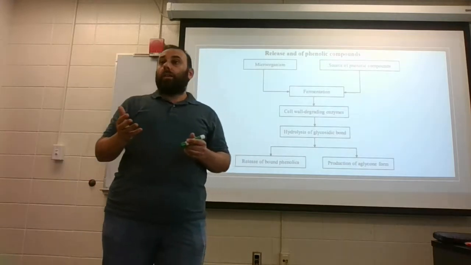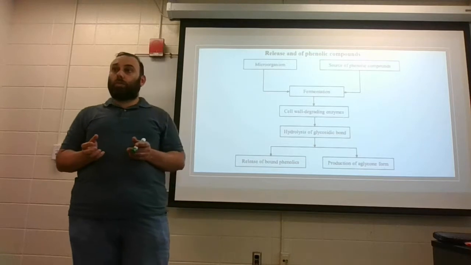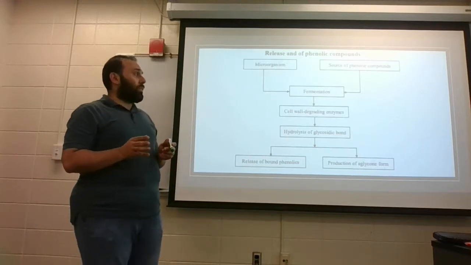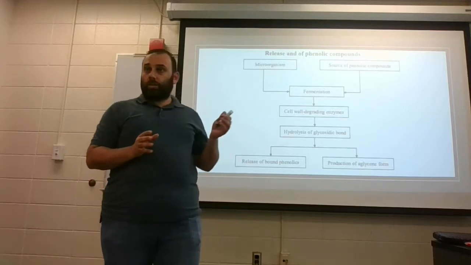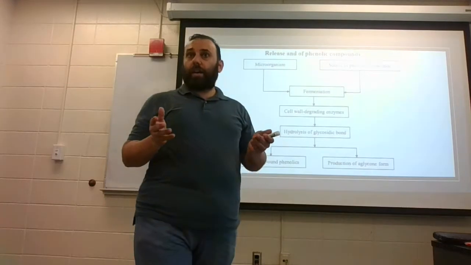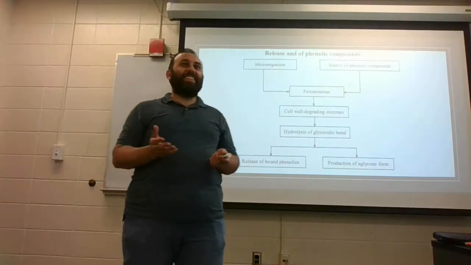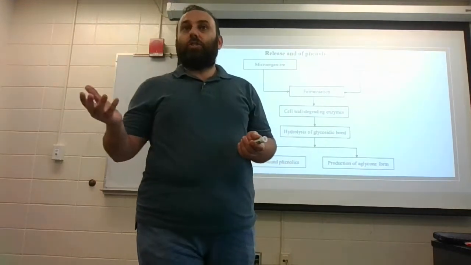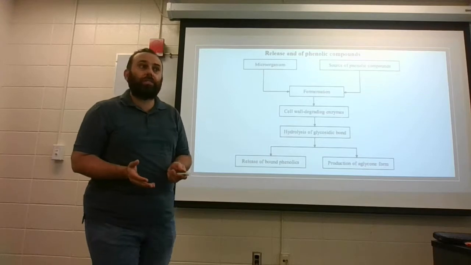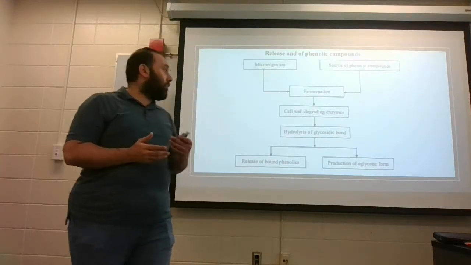Actually, many methods have been used to extract these kinds of phenolic compounds, but recently fermentation. Do you know what fermentation is? Can you give me a fermented food? Beer, yes. Yogurt, dough, and bread come from the fermentation process.